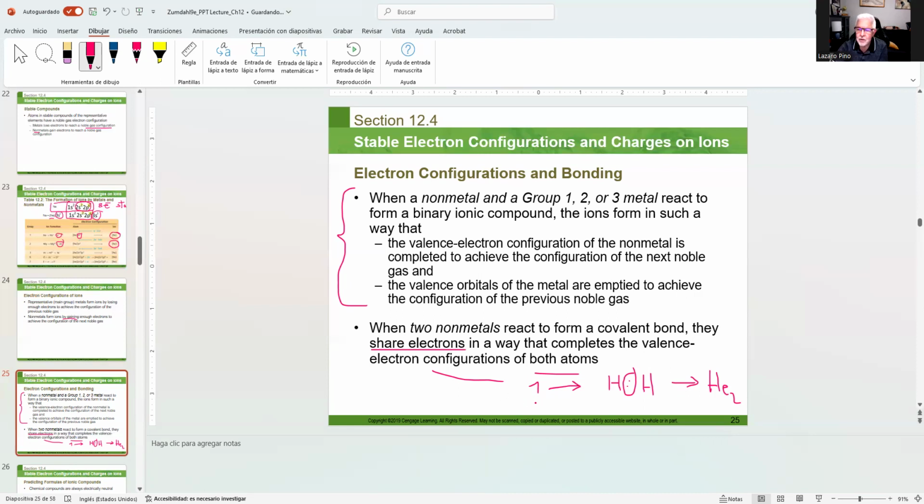In other periods, of course, as I show you, for example, sodium that is in group 1, in period 3, usually loses 1 electron, and they get the corresponding noble gas configuration, that in this case is neon. Okay.